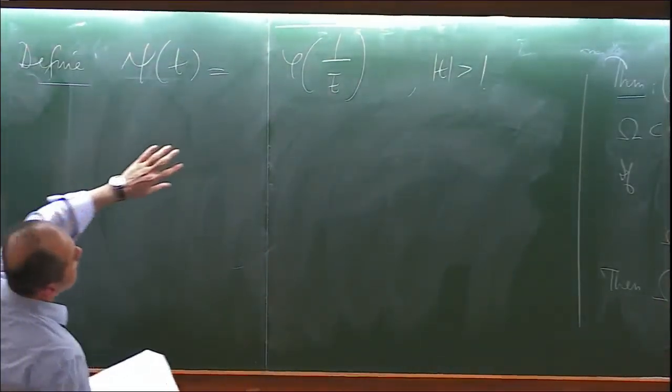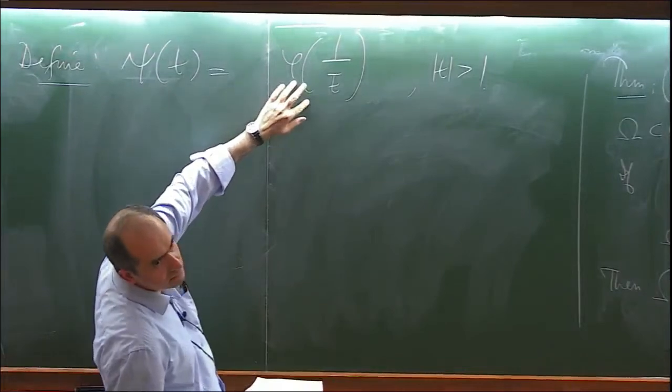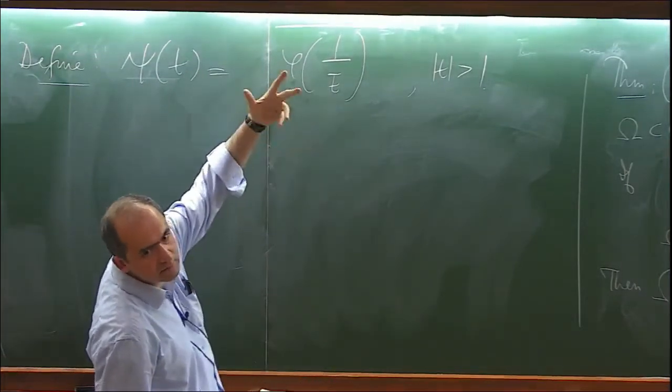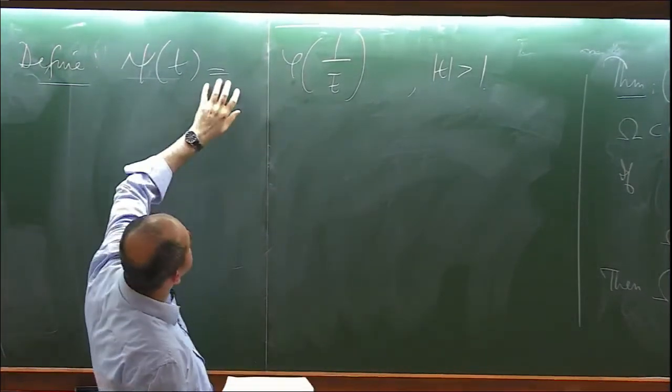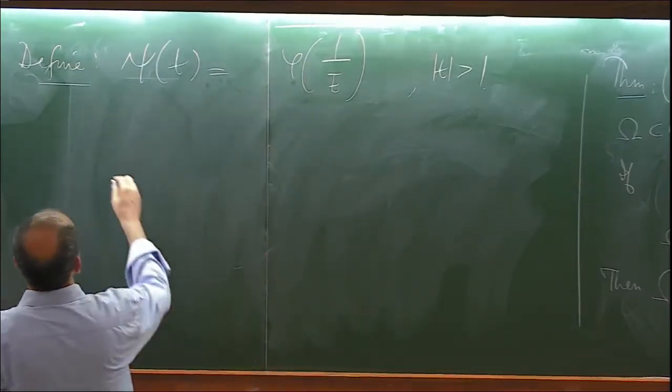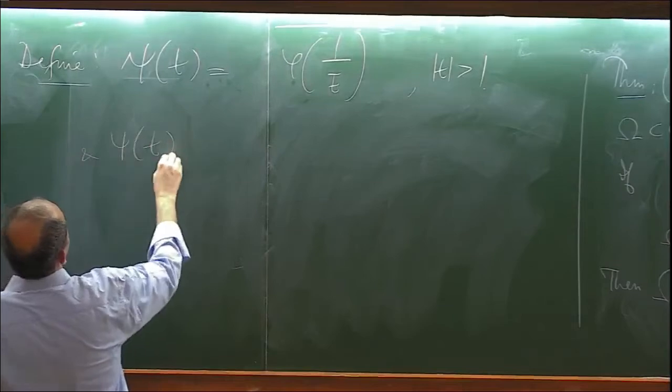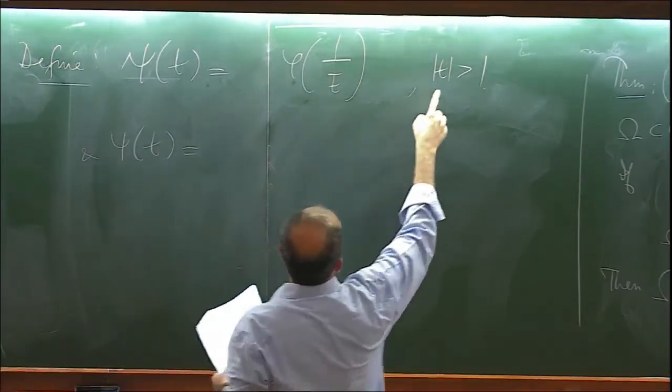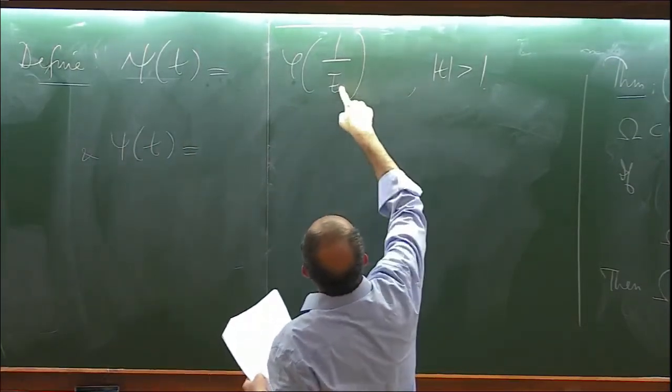So this you will recognize is the classical recipe to extend anything on the unit disk which is real valued at the boundary. So this is a holomorphic function, and psi of t is equal to, if you are on S1 then 1 over t-bar is equal to t.